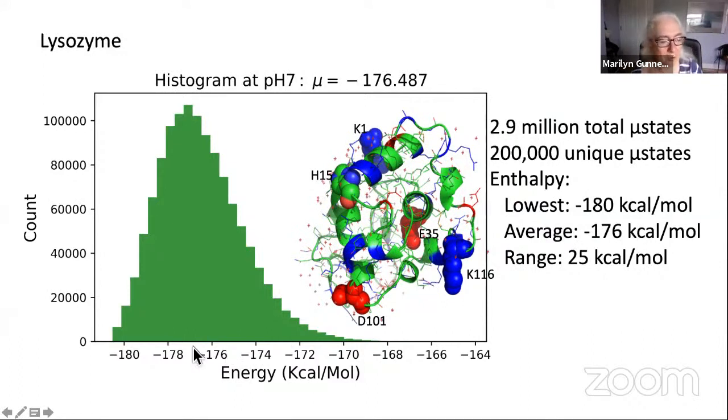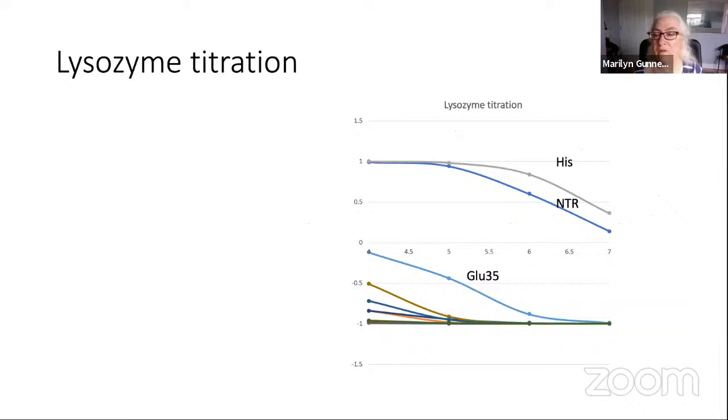The lowest energy states are down here, and we have a range of 25 kilocalories. So one of the things we've been thinking about is if we want to give, say, molecular dynamics the right charge states, do we want the lowest enthalpy state, the highest occupancy state, what do we want? But let me just tell you a little bit about what we're seeing.